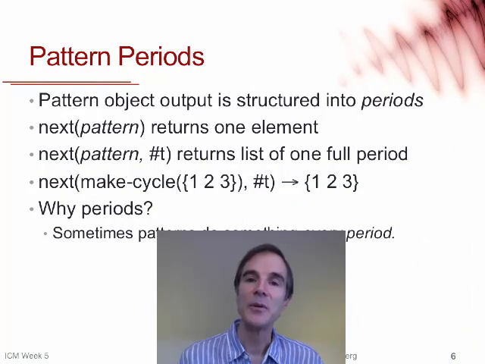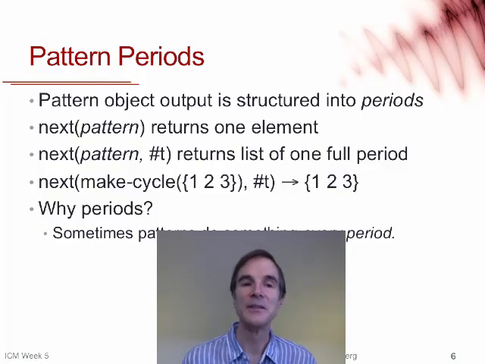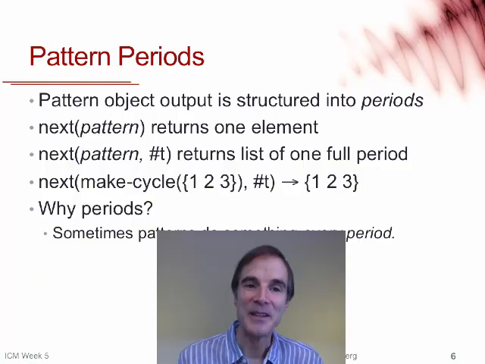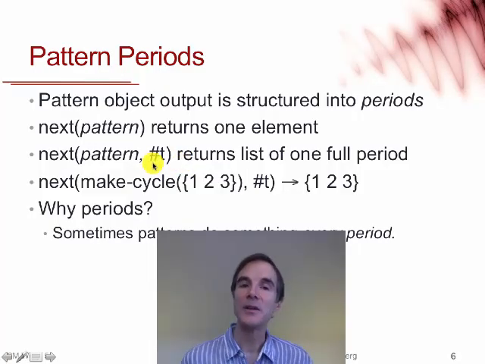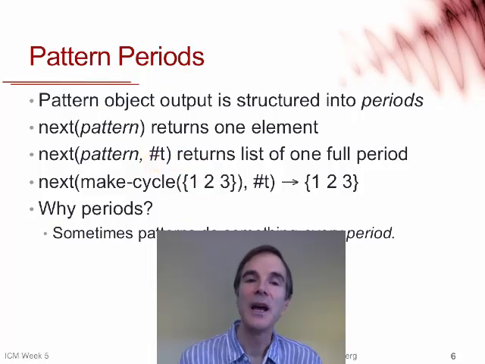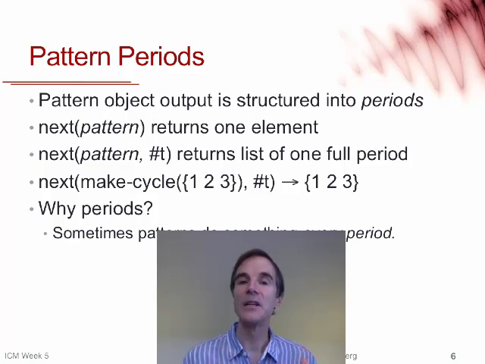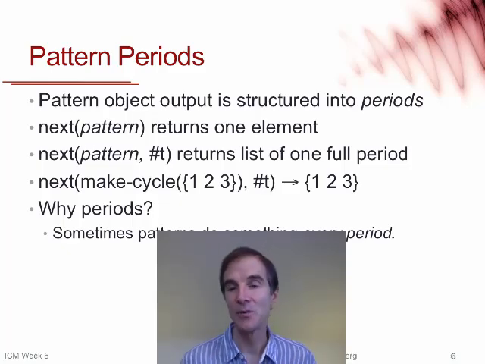Pattern object output is structured into periods. I've alluded to this, and now we're actually going to pay attention to it. The next function on a pattern returns one element, but you can pass the optional parameter true to next, and it will return a list of one full period. So what's a period?